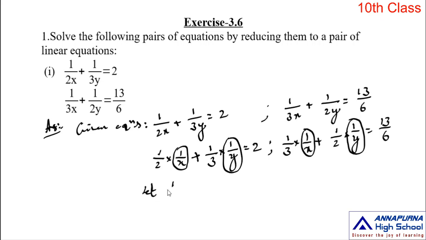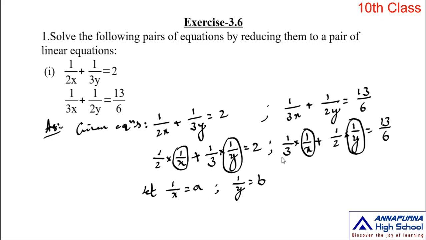Let me take this 1 by x as a and 1 by y as b. Why? Because these two are the common literal factors of the first two terms in the two equations respectively. That means I am taking 1 by x as a and 1 by y as b.